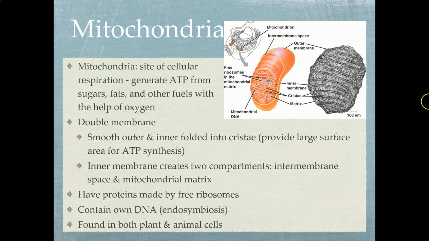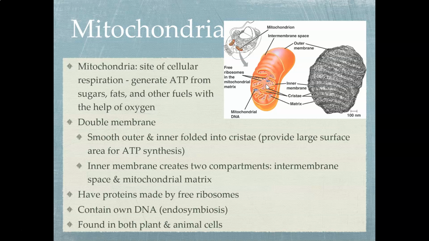Now, remember that these guys also have an internal membrane space, which is also going to become important as well. What I was going to say is, though, remember that these guys, along with the chloroplasts, are part of that endosymbiotic theory, right? We think these guys used to be free-living prokaryotes, and some of the evidence to that is the fact that they do have their own ribosomes.